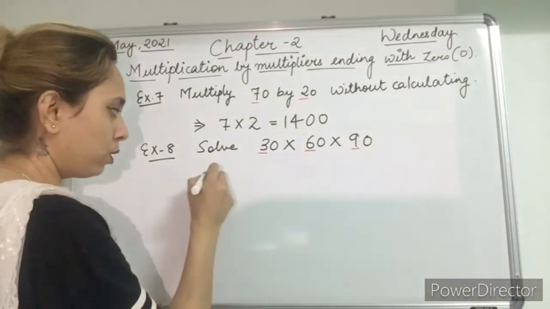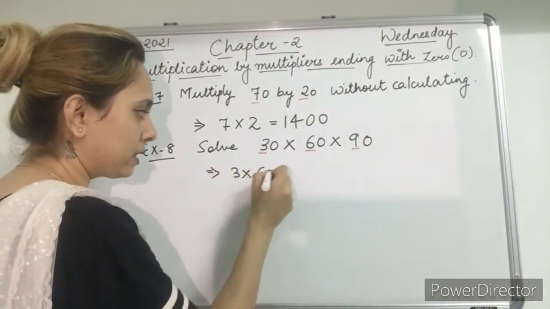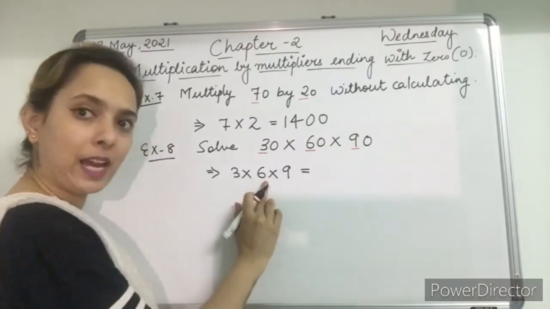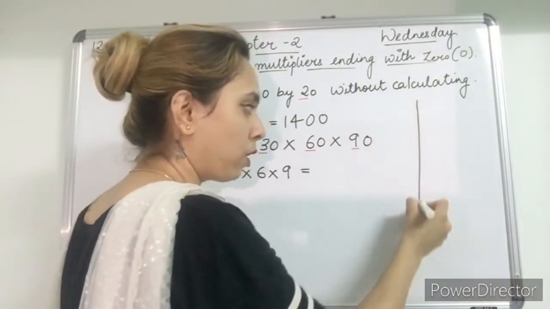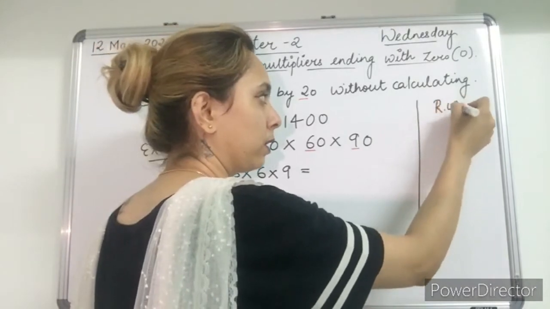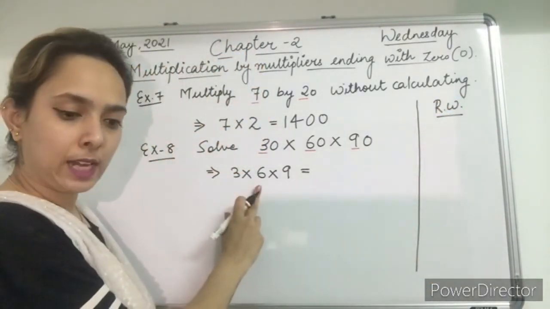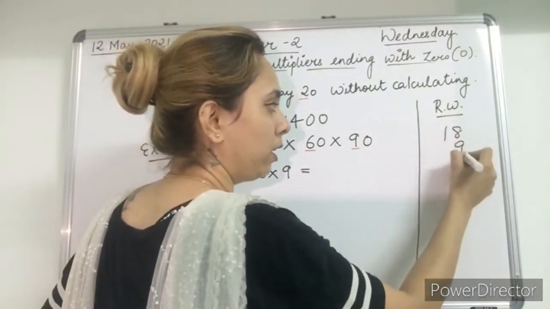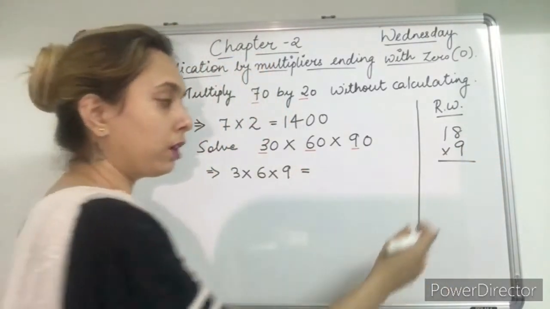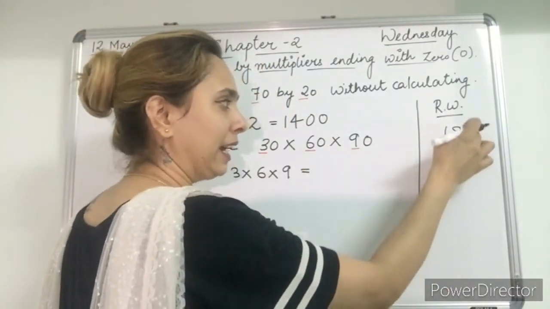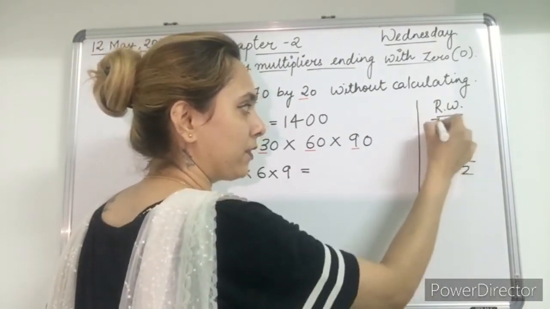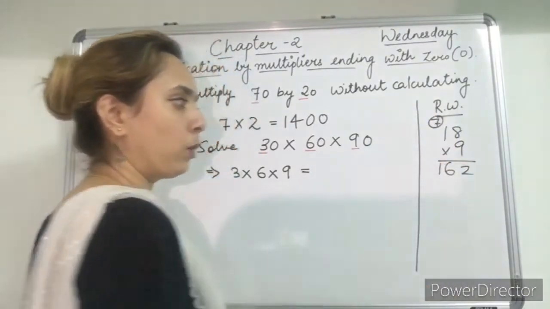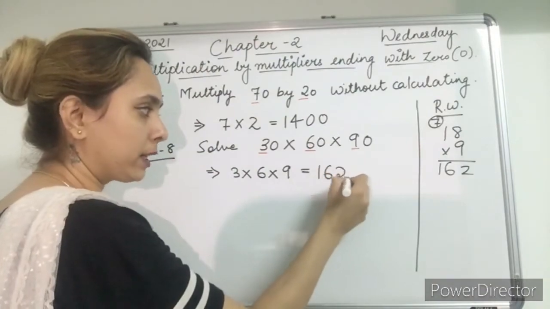We multiply all these digits. 3 sixes are 18, and you should always draw a column for your rough work. Then 18 nines: 9 eights are 72, 9 ones are 9, and plus 7 will be 162. So here we get 162.